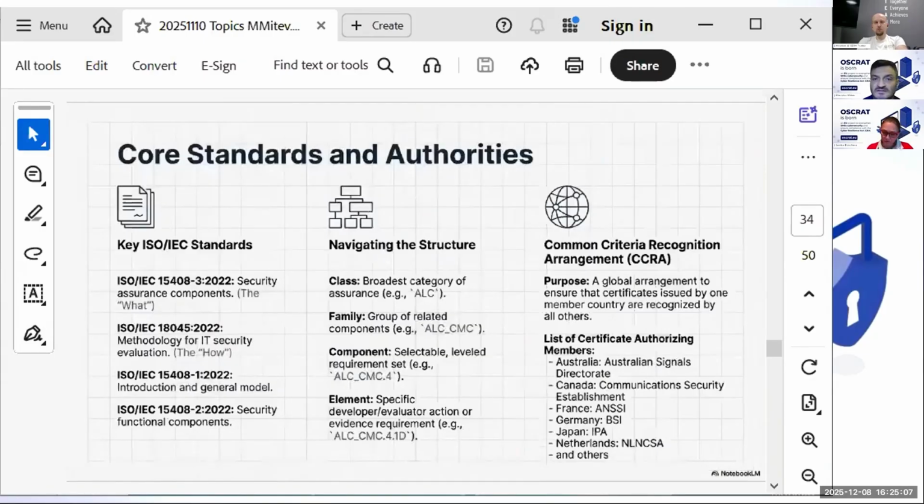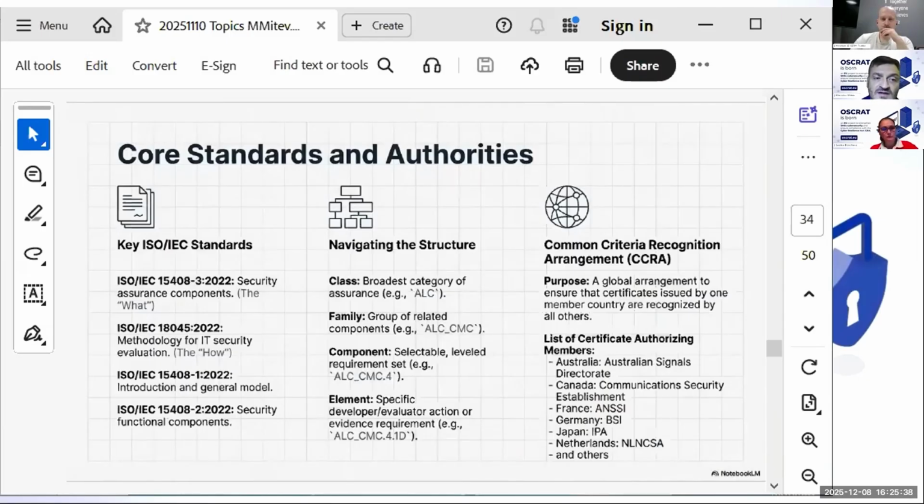This final slide presents the main standards and the Common Criteria Recognition Arrangement. Both standards: ISO/IEC 15408-3 defines the assurance components. ISO/IEC 18045 explains how evaluations are performed.